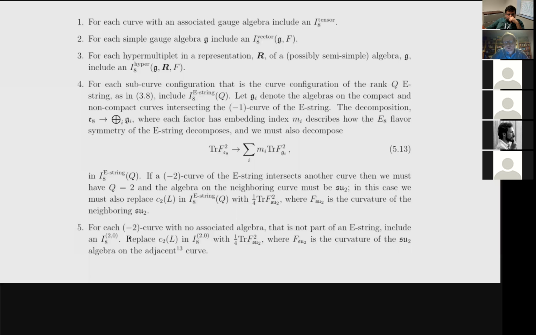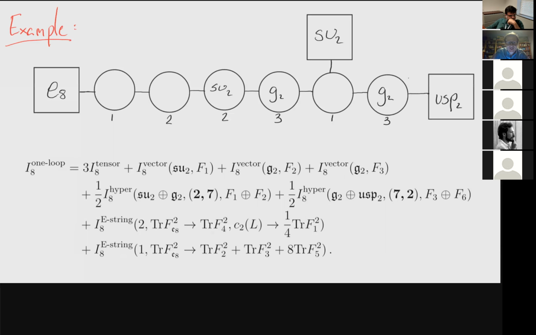And then for -2 curves with no algebra, you include essentially a copy of the (2,0) tensor multiplet, because that's what they correspond to if you take just a -2 curve. The point I just want to emphasize is you can compute it very algorithmically once you have the basic elements and you have the curve configuration.